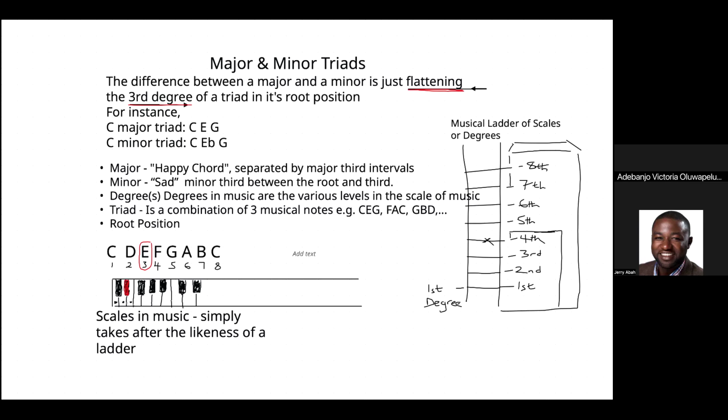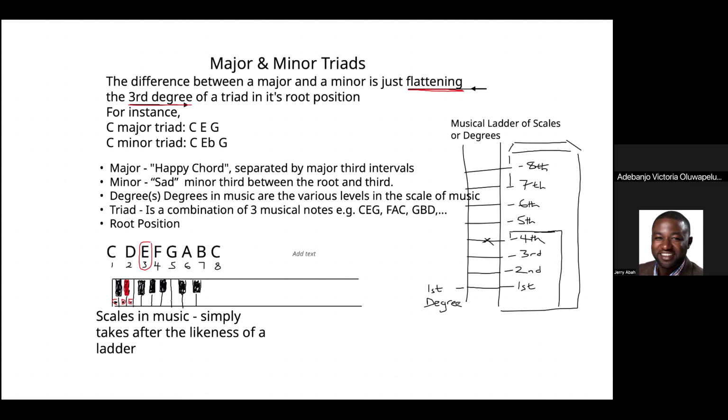Remember that this is our key C, D, E. And now we say we are flattening the E. So if we flatten the E, it becomes what?